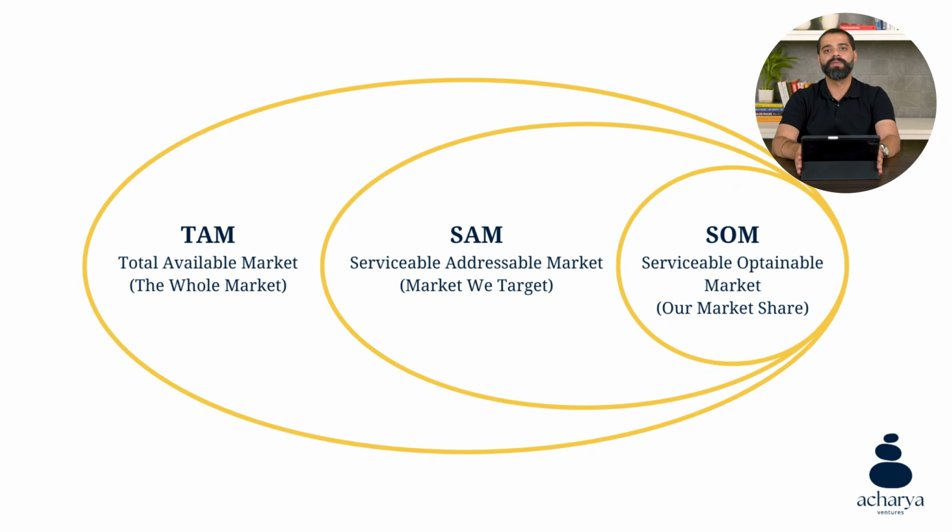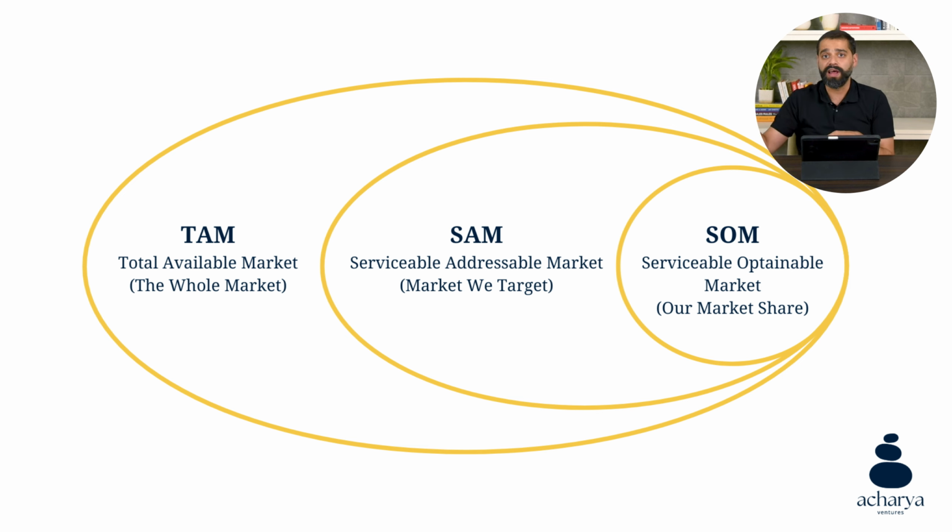When we calculate our market size, we use a TAM, SAM, SOM framework. TAM means the total global available market of your goods or services. We'll understand how we calculate this, but this is the size of the entirety of the market. Then SAM, the serviceable addressable market, is the market that we target.